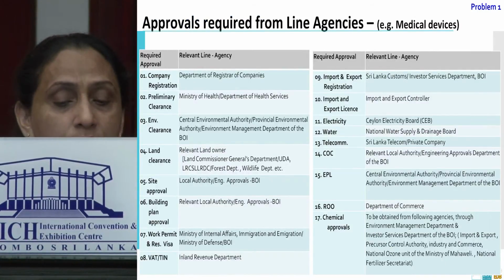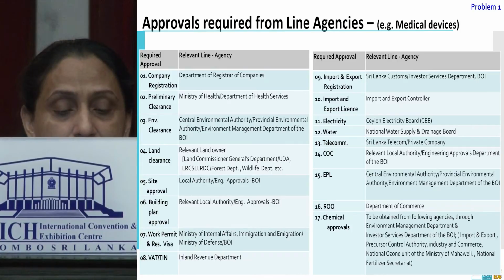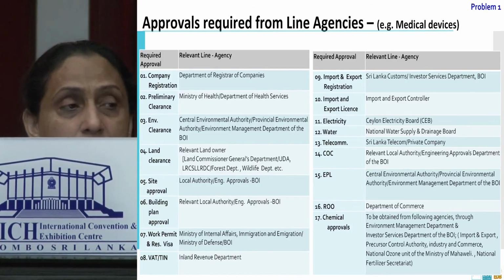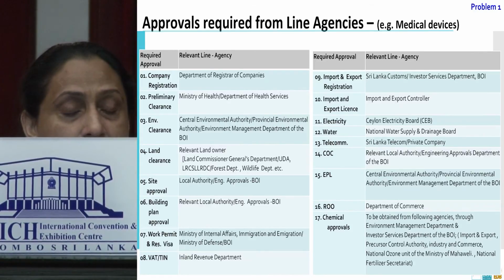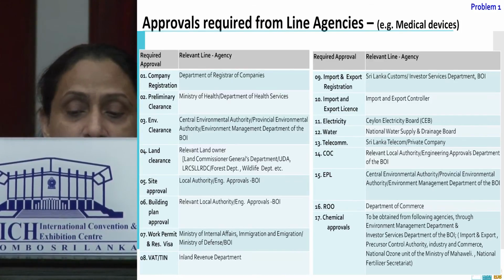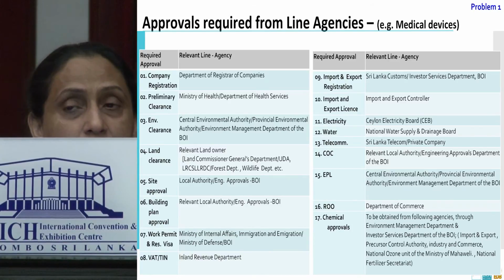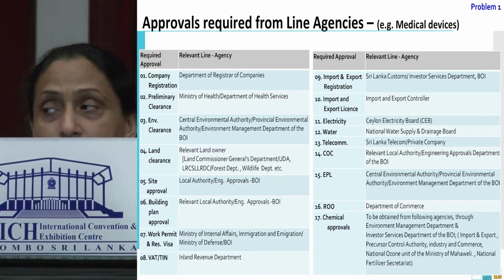For example, for medical devices, when you take the line agencies, you need 17 approvals from different agencies at different levels of the project approval process. Likewise, for each and every project, every sector, you need at least 12 to 20 approvals.